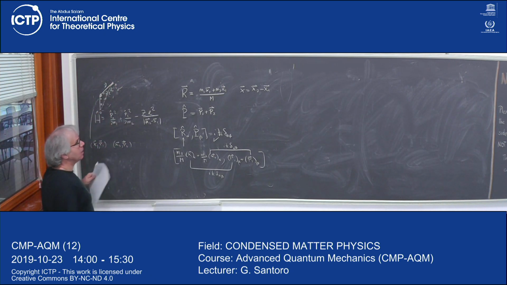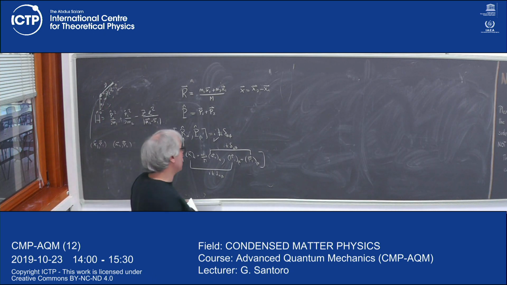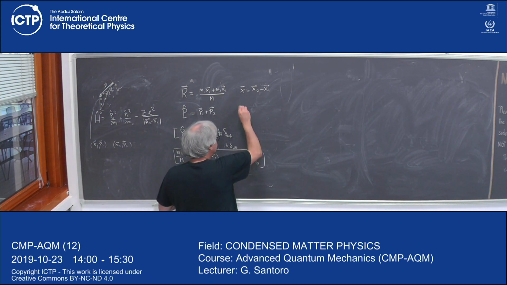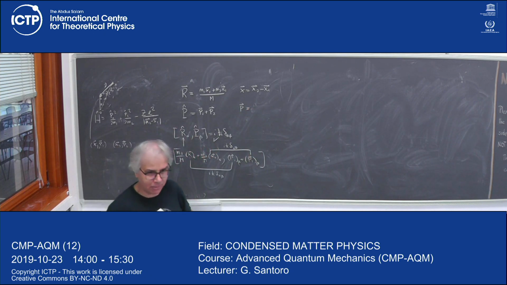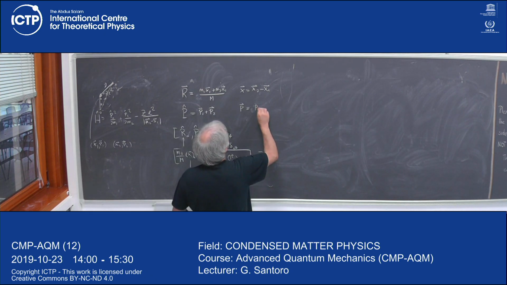Clear? Okay, this is clear. What is a bit less obvious is what is the relative momentum. Because here, I'm sure you would be tempted to say it is equal to p2 minus p1. Would you?